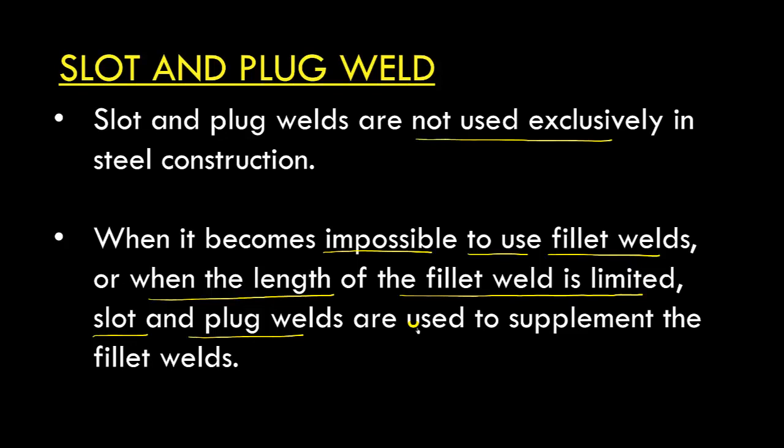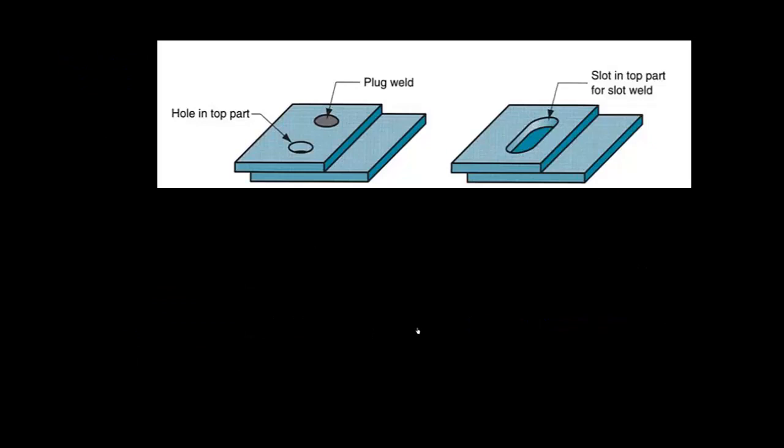So how do slot welds and plug welds look? Let's see. If I want to connect this plate and this plate, then we can make a hole on the top plate and then we can fill the material, that is the welding material. So this is an example of plug weld. This is called plug because this looks like a plug. We are filling some plug inside this hole, so that's why this is called plug weld.